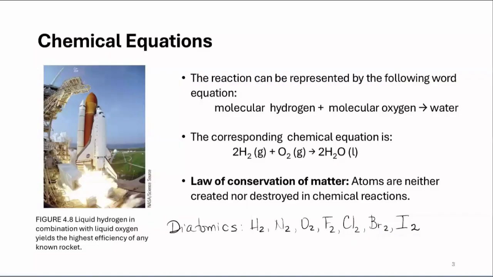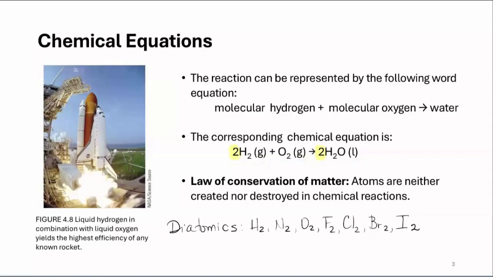One of the other things that you can notice in this chemical equation is that there are these large digits in front of the whole chemical formula. Those are called coefficients. They are necessary in order for us to keep track of the number of atoms, because in a chemical reaction, we must have the same number of atoms in the reactants and in the products.